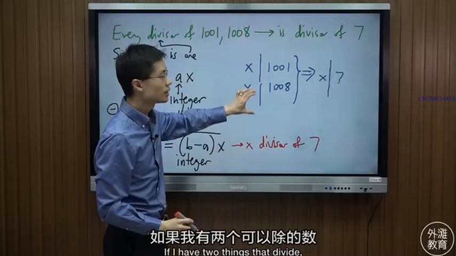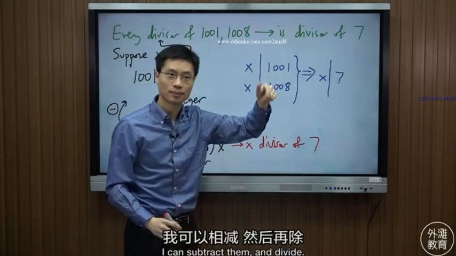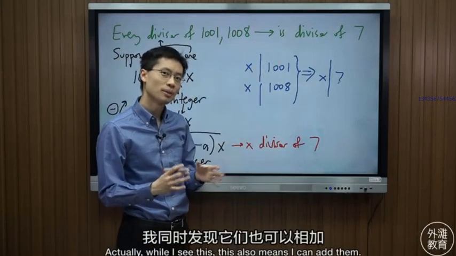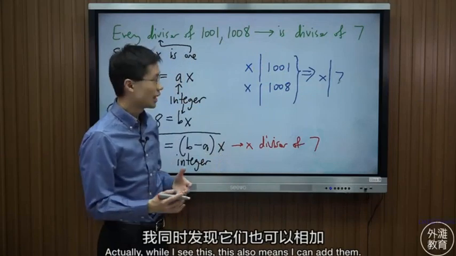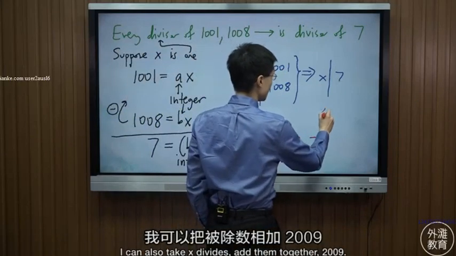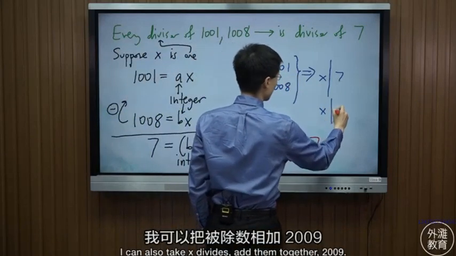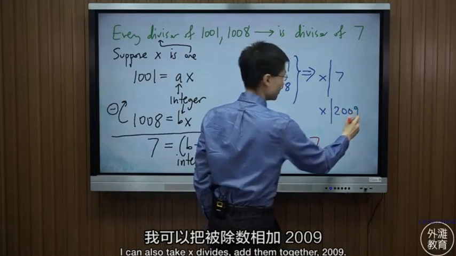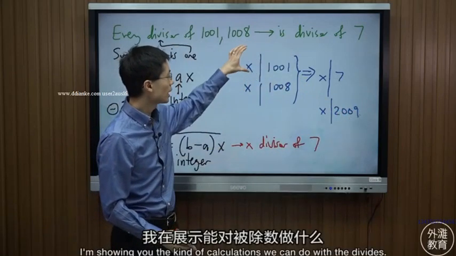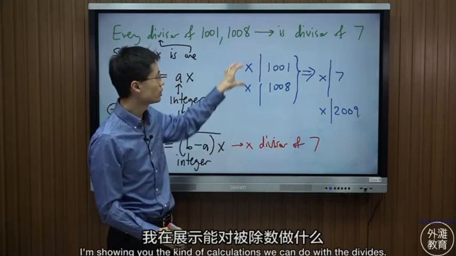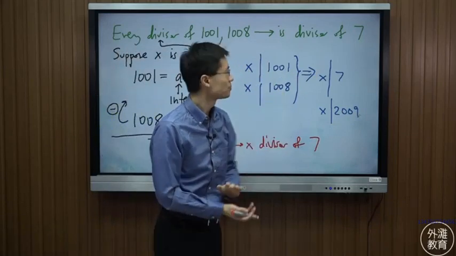If I have two things that divide, I can subtract them, and it divides. Actually, while I see this, this also means I can add them. I could also take x divides, add them together, 2009. I'm showing you the kinds of calculations you can do with divides.